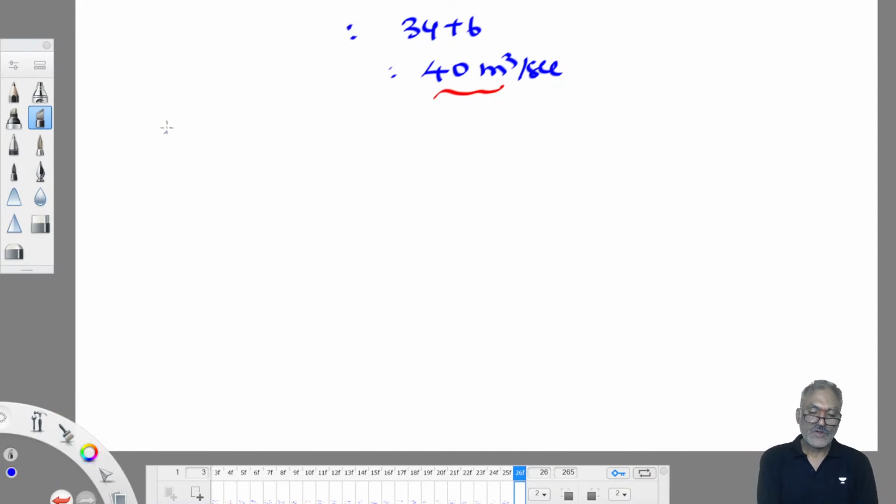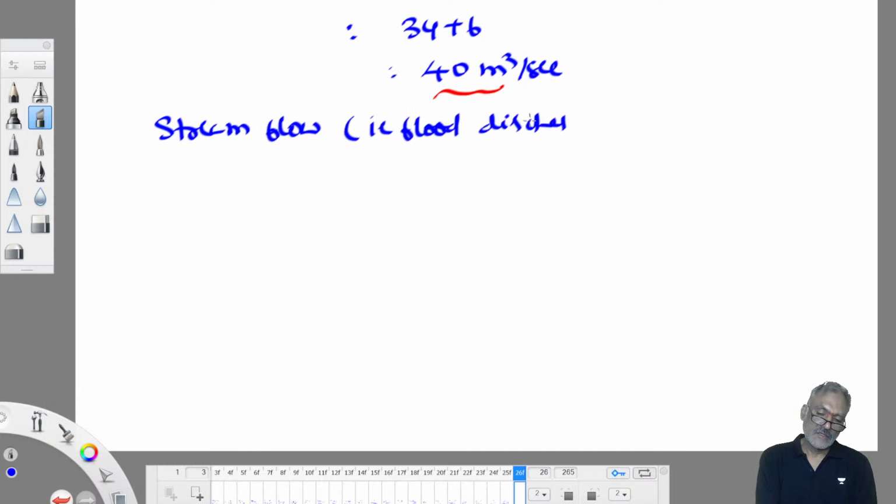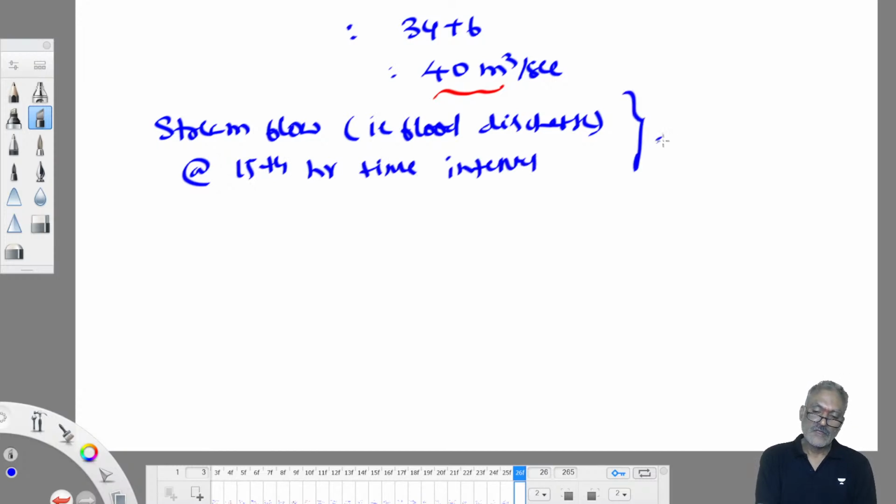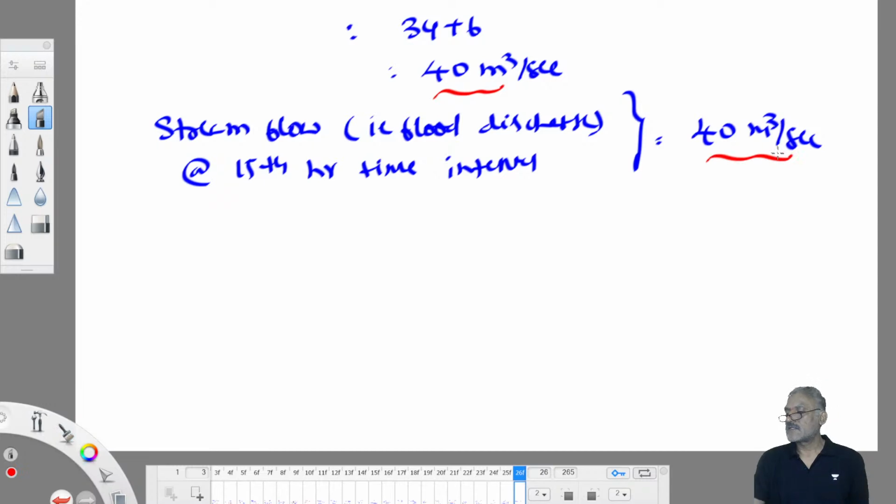So the stream flow, the flood discharge carried by the stream at the 15th hour time interval, is exactly 40 meter cube per second. Understood now?